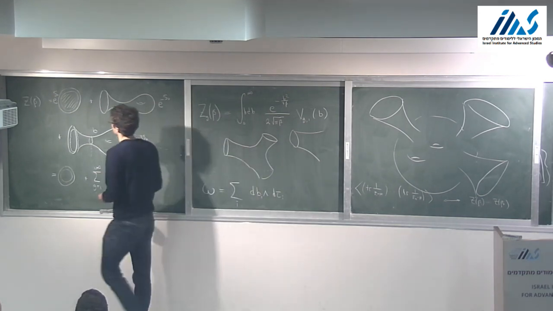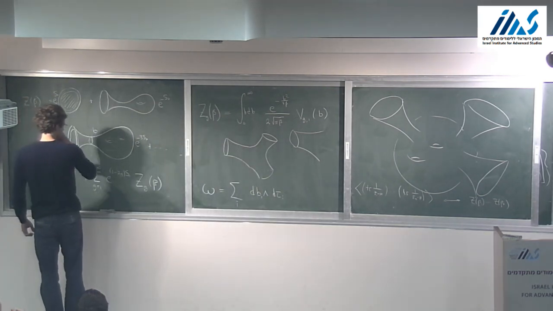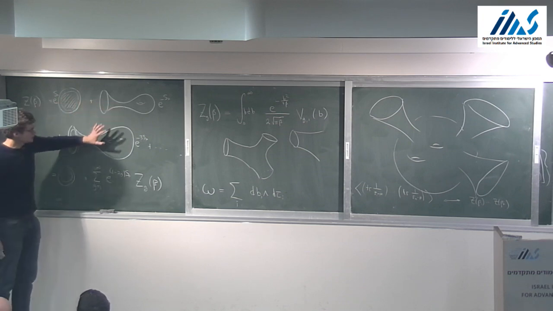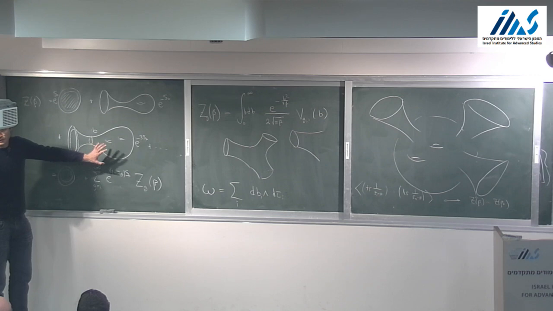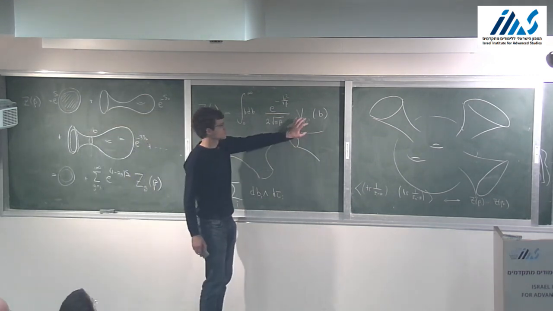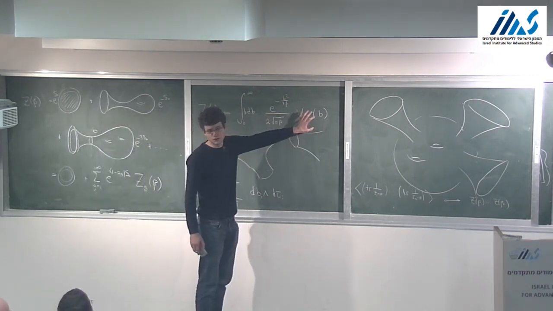So let me now comment on one other thing. I don't have time to discuss this in detail, but this series here, this genus expansion, is an asymptotic series. It's an asymptotic series because the volume of moduli space grows rapidly with g, like (2g) factorial.